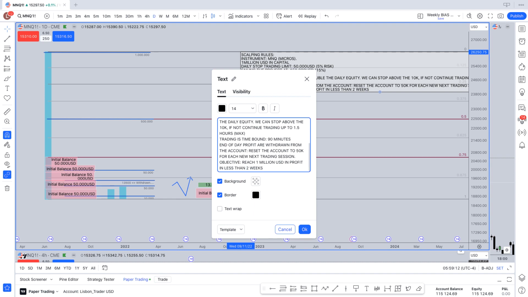Any more rules? Okay, mostly time frame: 1 minute or 5 minute max. Bias resulting from higher time frames.